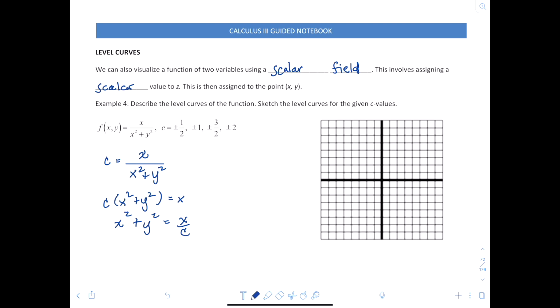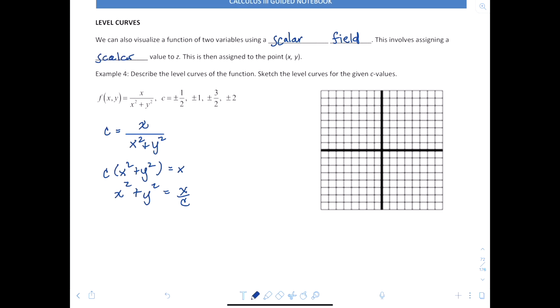So if we wanted to complete the square on that, what would happen? So we'd want to have the x's together. So we'd have x squared minus x over c, leave a space, plus y squared is equal to 0.